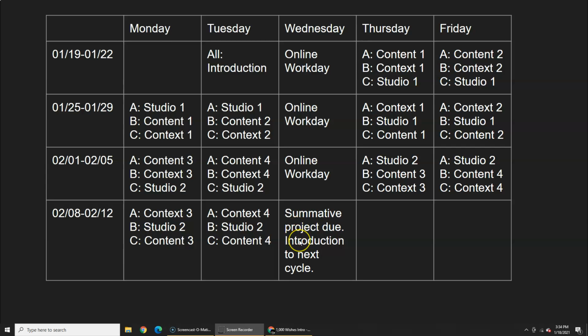And then on Wednesday, February 10th, your summative project is due, which is your summative studio project and the written response to it. And it will also have the introduction to your next cycle posted. Okay?